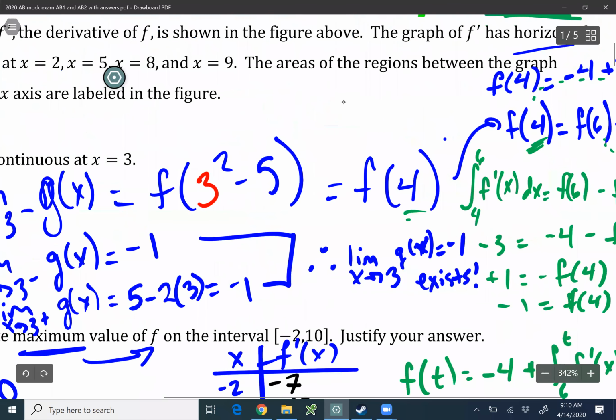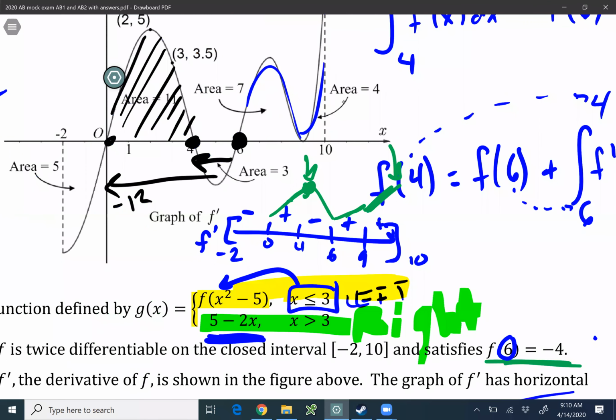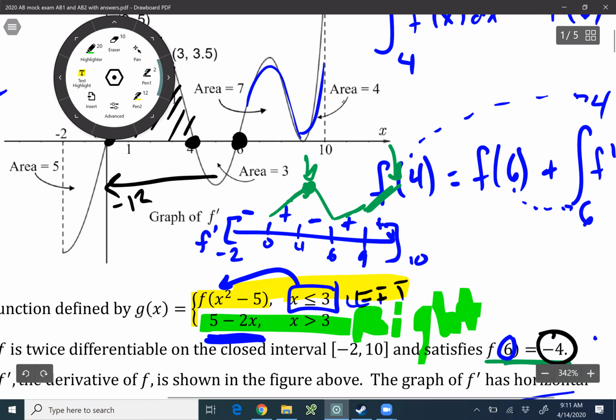So for f of 6, the shortcut would be, and really, they give us f of 6 already as negative 4. But if we were using that shortcut, we already know f of 4 is negative 1 here.